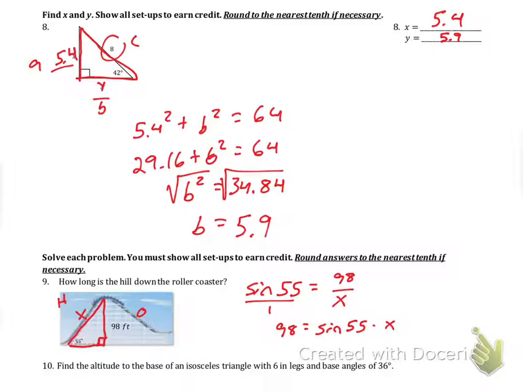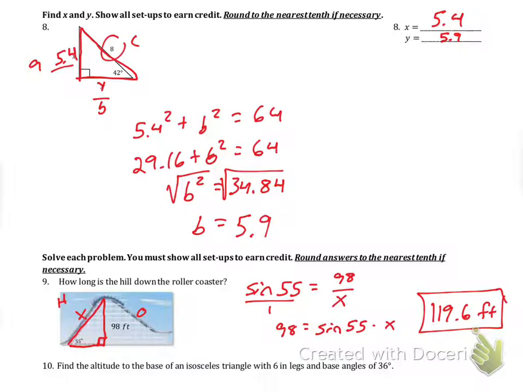So then what I need to do is divide each side by sine 55. So 98 divided by sine 55 is going to be equal to 119.6. And check my answer, and that is correct. So it'd be 119.6 feet.